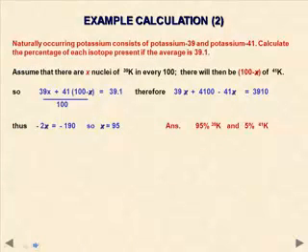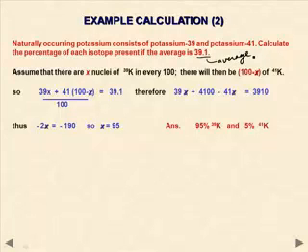Here it's giving us potassium, and this is a little bit different type of problem. It says we have 2 isotopes, and we want the percentage of each isotope present if our average is 39.1. So this problem is giving us the average mass, and it's wanting the percent abundance.